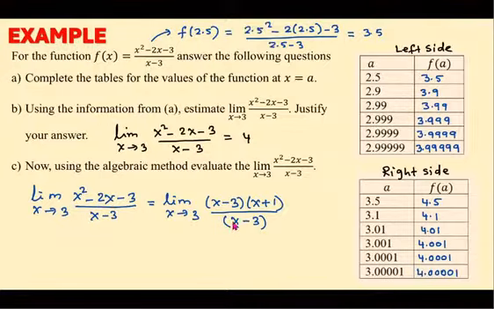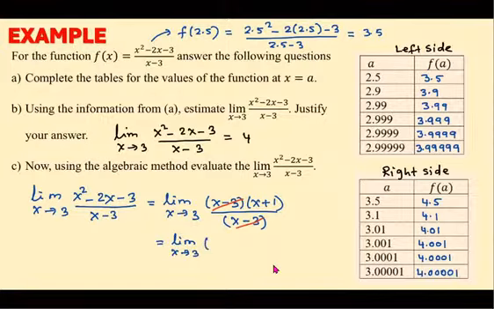So x is different from 3, which means x minus 3 is not exactly 0. If it was exactly 0, we could not cancel these. It is close to 0 but not equal to it, so we can cancel. What we end up with is the limit as x approaches 3 of x plus 1.